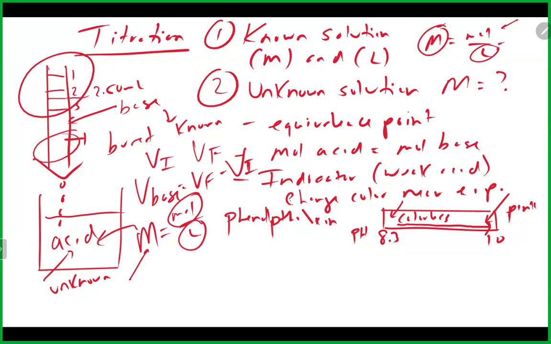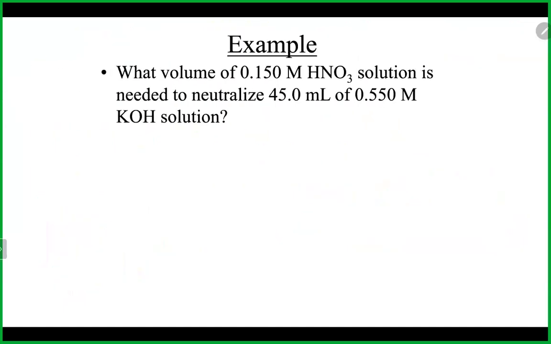So let's take a look at one here. Let's say we're doing a titration, which is sometimes just referred to as a neutralization reaction. We want to know what volume of 0.15 molar nitric acid is needed to neutralize 45 milliliters of 0.55 molar KOH.